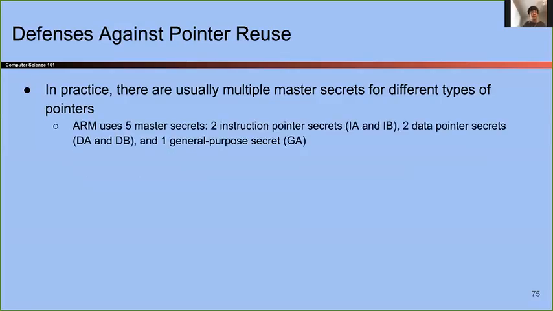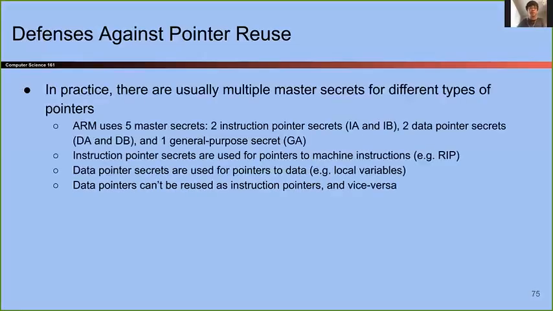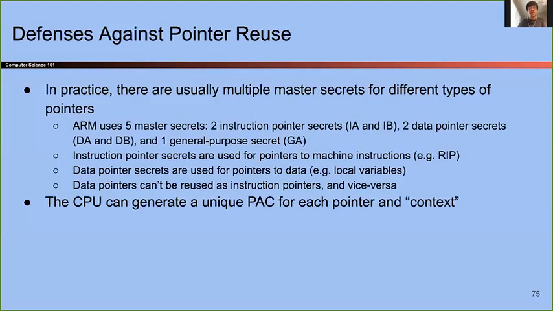We'll see. So in pointer auth, the way to subvert it is to use a pack that's already been generated. We actually have 5 secrets in ARM's implementation, which is kind of the only implementation. It has 2 of them for instruction pointers, 2 of them for data pointers, and 1 of them just for general purpose.